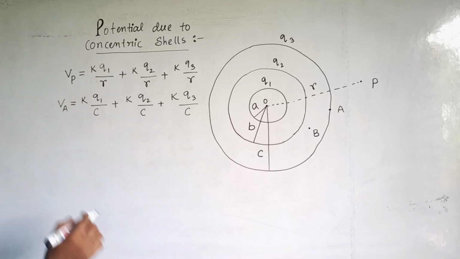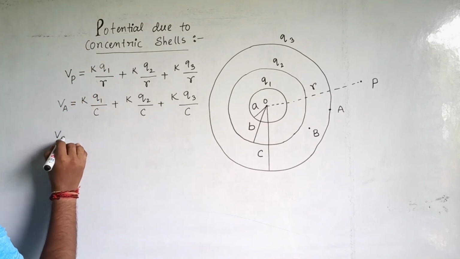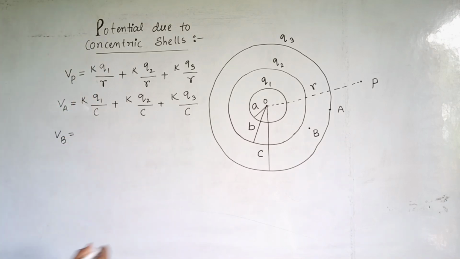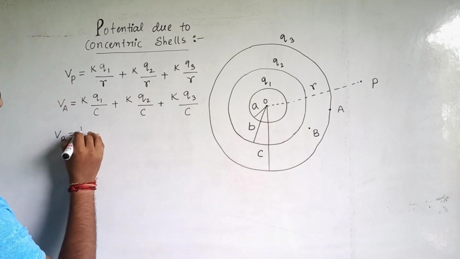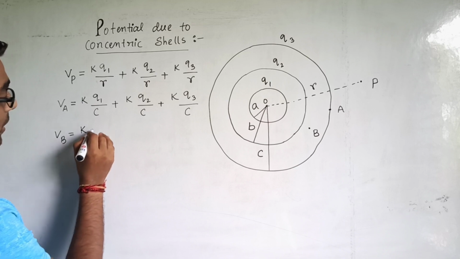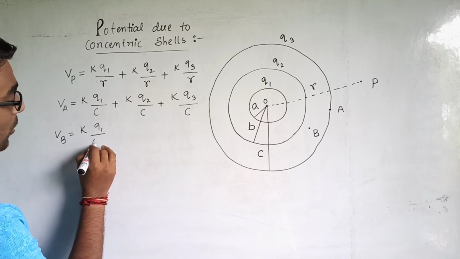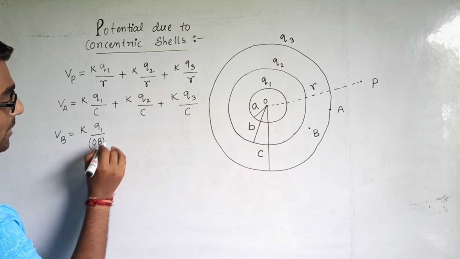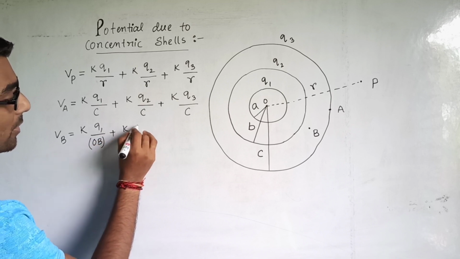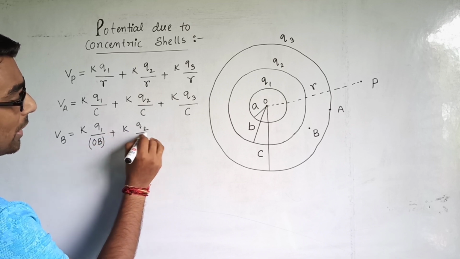Okay. Now we need to find the potential at point B. For the smaller shell it will be K Q1 by the distance OB, plus K Q2 by still OB.